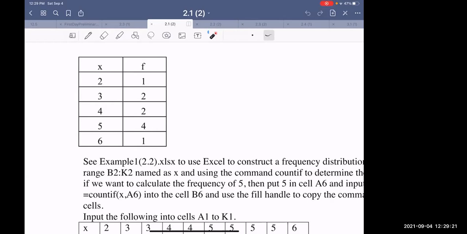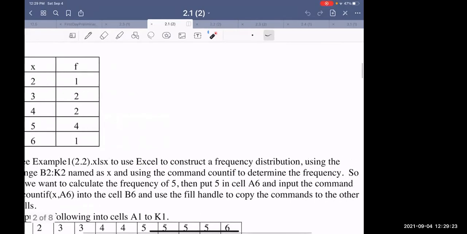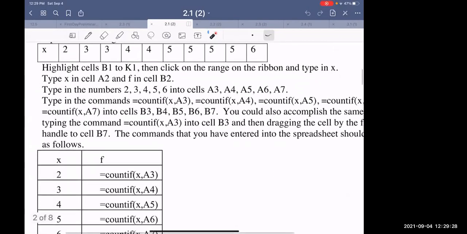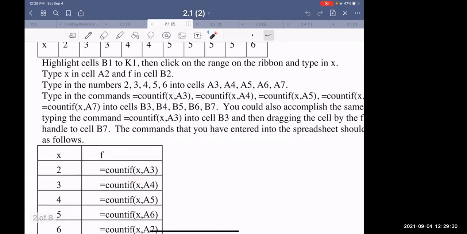You can also do it in Excel, using the COUNTIF command.